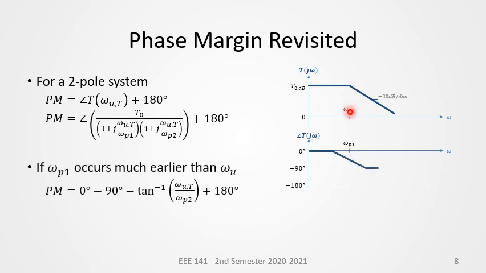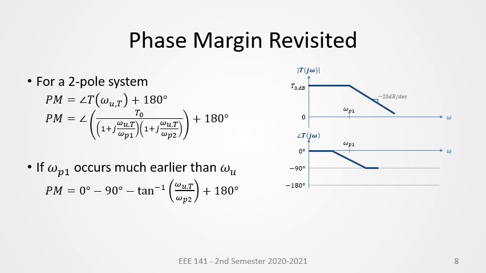However, if omega p1 occurs much earlier than the unity gain frequency of the loop gain, omega u, then we expect that omega u is greater than 10 times omega p1, and by the unity gain frequency omega u, the first pole should have already contributed a phase shift of negative 90 degrees, which is also shown in the figure.